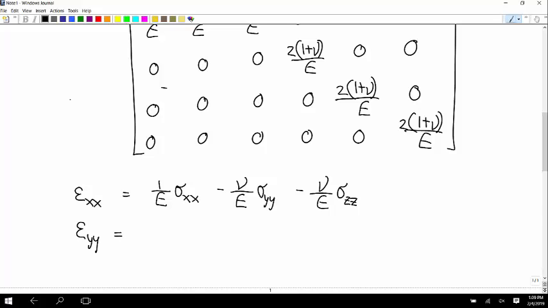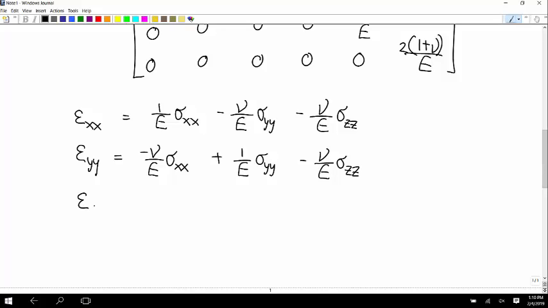The Y normal strain is equal to negative nu over E times sigma XX plus 1 over E times sigma YY minus nu over E times sigma ZZ. And the ZZ normal strain is negative nu over E times sigma XX minus nu over E times sigma YY plus 1 over E times sigma ZZ.